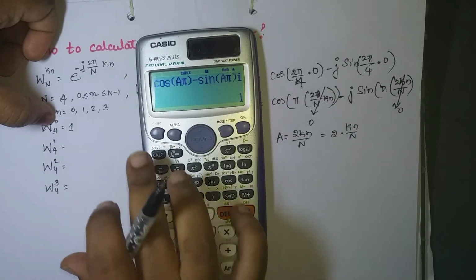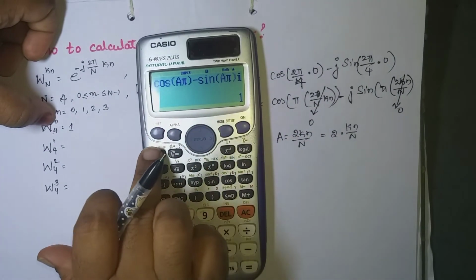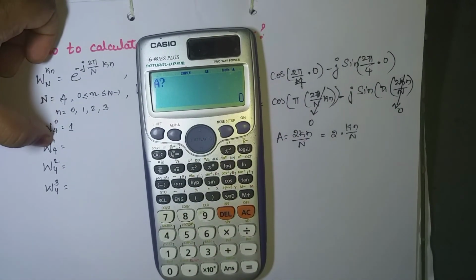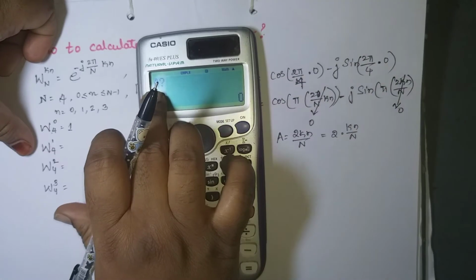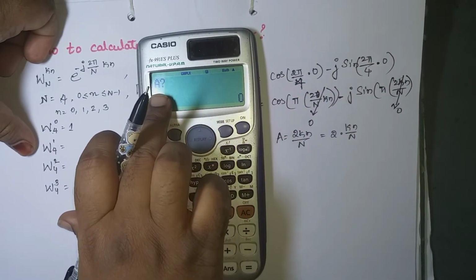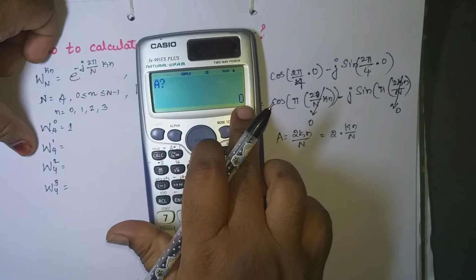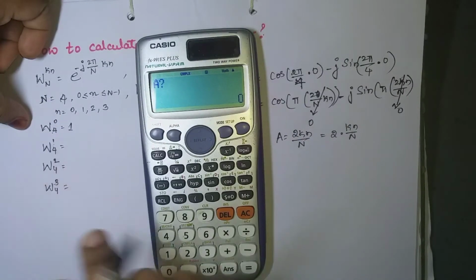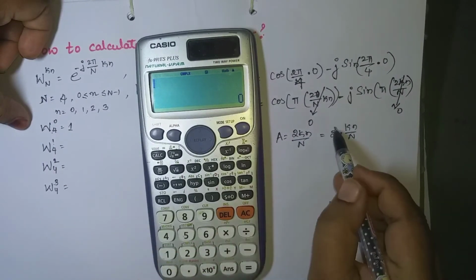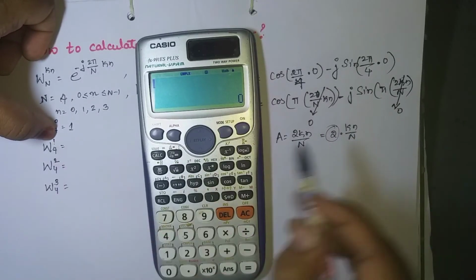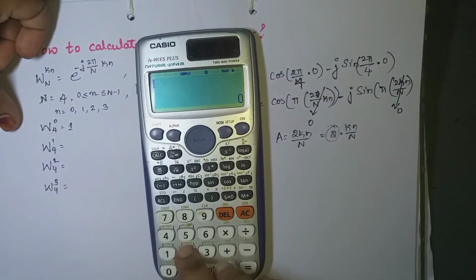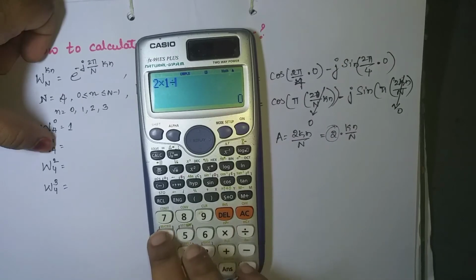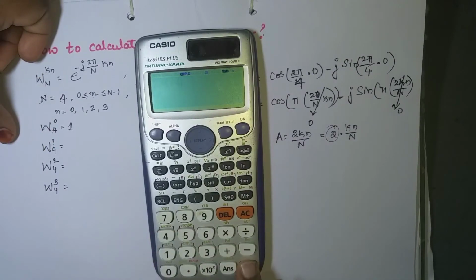I'll show you again. Once you type the equation, press on this calculate button, you will be getting the value for A. Now I'll choose the value I have to take. So here I'll be taking 2 into 1 divided by capital N, which is 4.